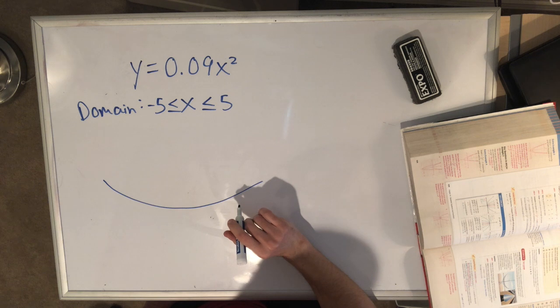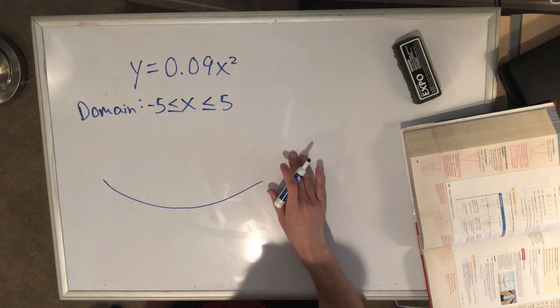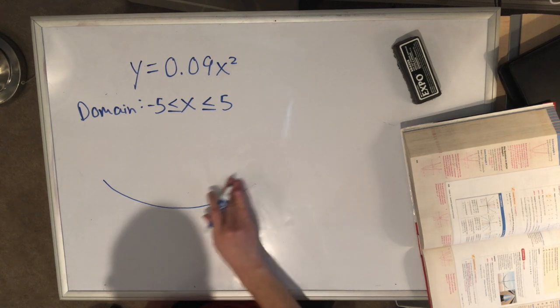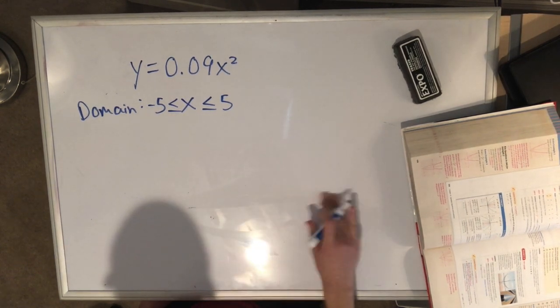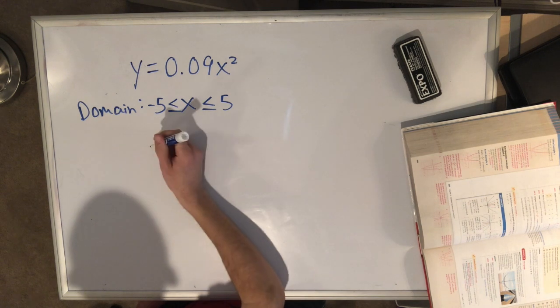Okay, so let's substitute in, to figure out the range, -5 for x and +5 for x.